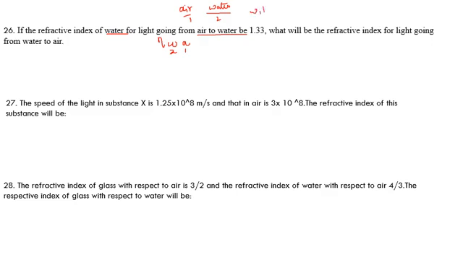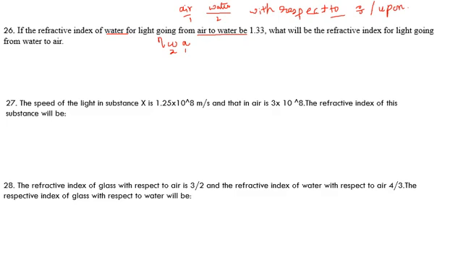With respect to means you have to put a division sign. That means water divided by air, or it means upon, that is, refractive index of water upon refractive index of air.